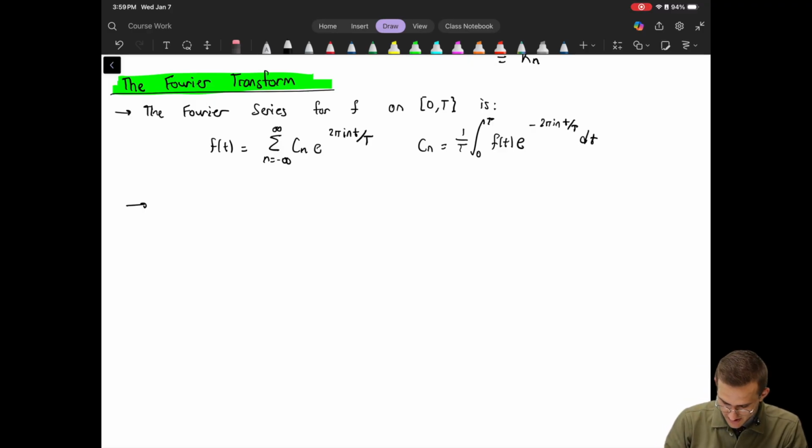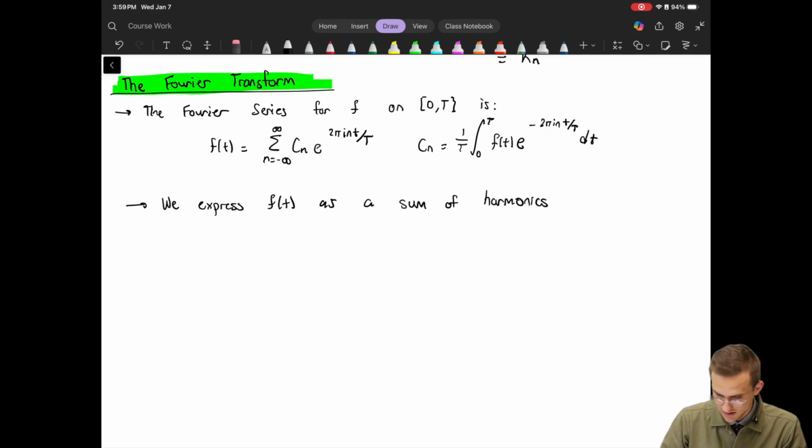So you can say that we express f of t as a sum of harmonics, with frequencies omega n equal to 2 pi n over t.